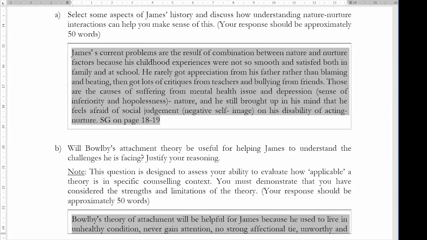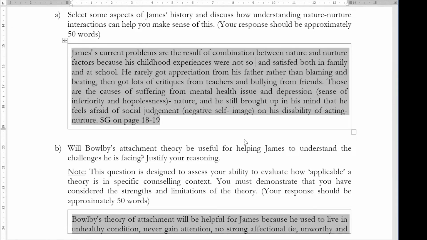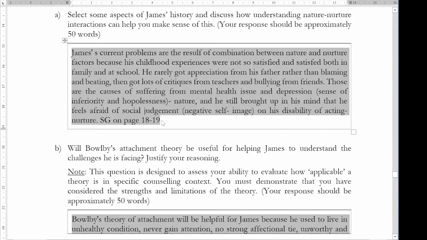James's current problems are the result of a combination between nature and nurture factors because his childhood experiences were not smooth, maybe, and satisfying both in his family and at school. Good. He rarely got appreciation from his father, but rather blaming and beating. If you want to copy and paste this in the chat, okay. It looks very good though. Yeah, thank you. So I won't change much.